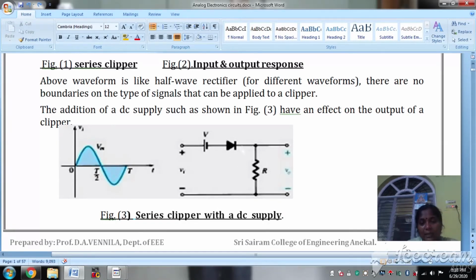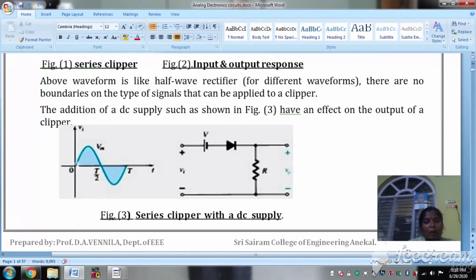Up to this 1 volt, your diode will be open circuit. So across the resistance your output voltage will be 0. Up to 1 volt of this DC, your output voltage will be 0.